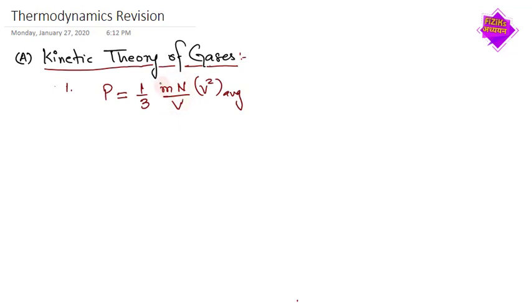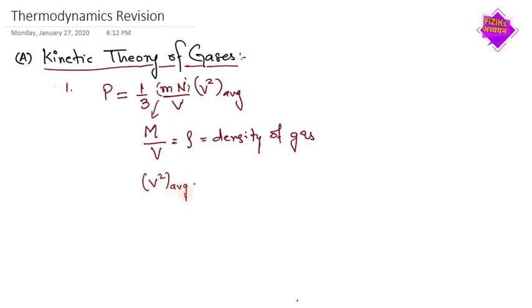So m times N is the total mass, which can be written as capital M, and V is the total volume. So this is mass upon volume, which you can denote as the density of the gas. And v square average is nothing but the average of v x square plus v y square plus v z square.